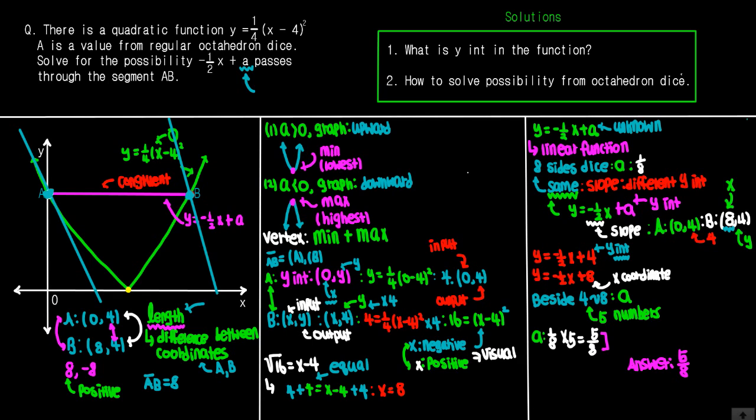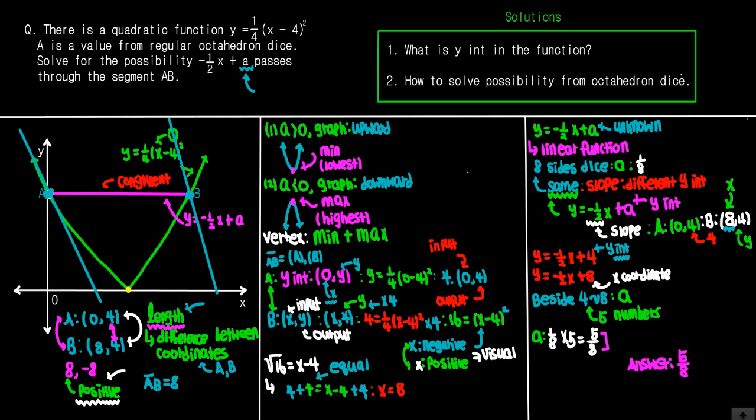So first of all, we thought about it through the realistic question, which means when it comes to solving for the line, we only take the positive value. So our segment AB's length was 8.